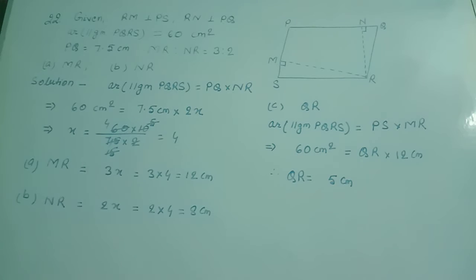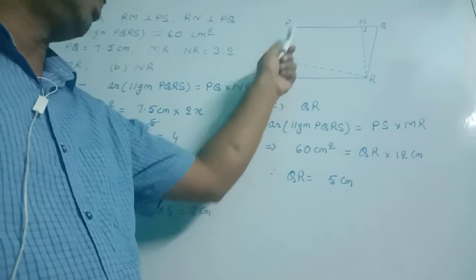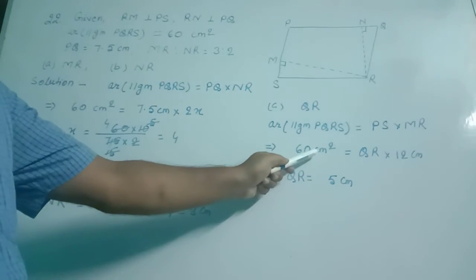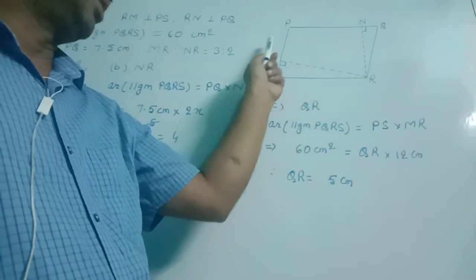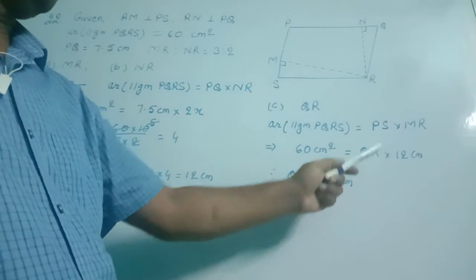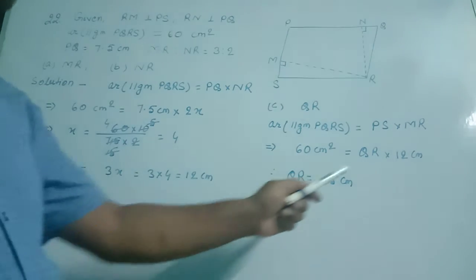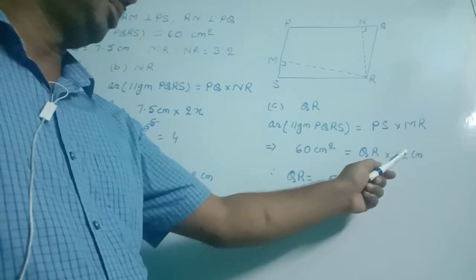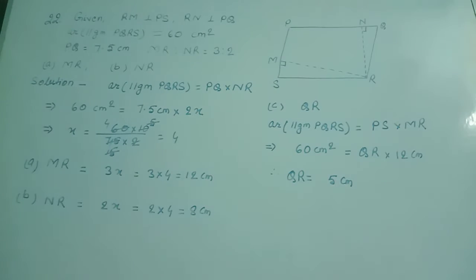For that I have written area of parallelogram PQRS equal to base into height, PS into MR, 60 centimeter square equal to, this PS is equal to QR because in a parallelogram opposite sides are equal. So I replace PS by QR, and MR we have already got, that is 12 centimeter. So QR equal to 60 centimeter square divided by 12 centimeter, and we get 5 centimeter. So QR equal to 5 centimeter.